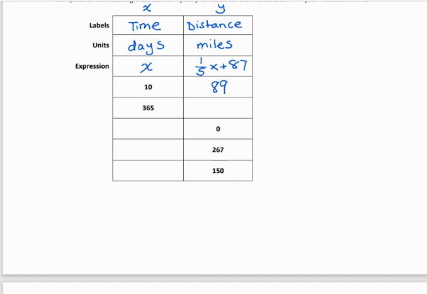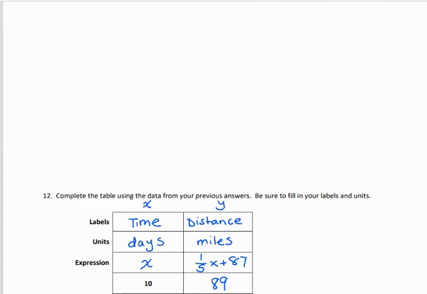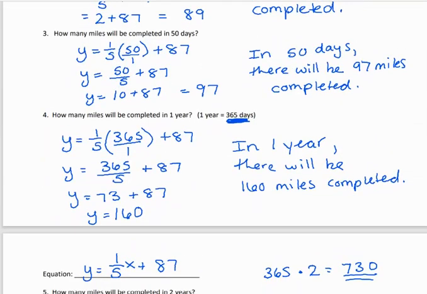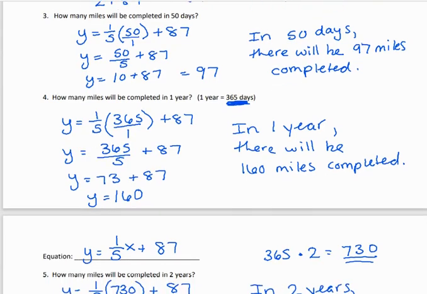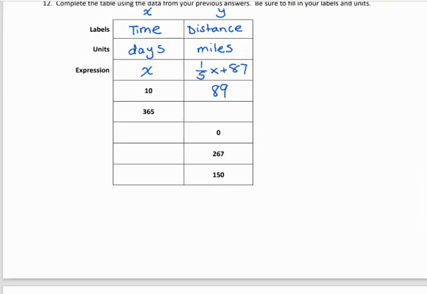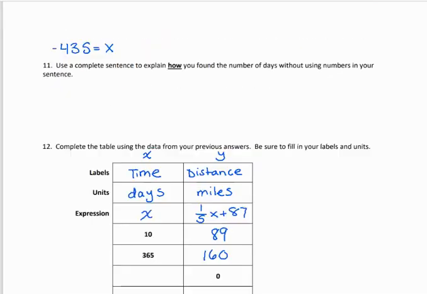That we have 365 days. So let's find that one. That was question 4. And how many miles were completed? 160. Good. So we'll put 160 in there. Okay, so again, just scrolling back and forth from the data we've already calculated. Then we had when there were 0 miles. And you're going to give me that negative answer.